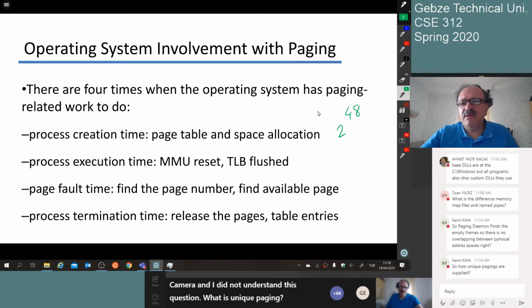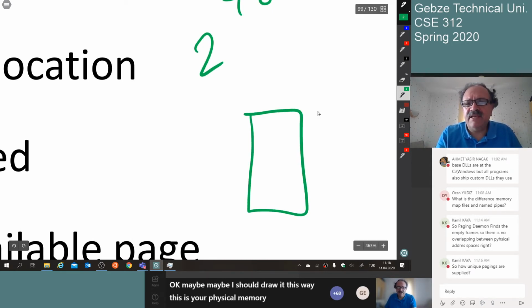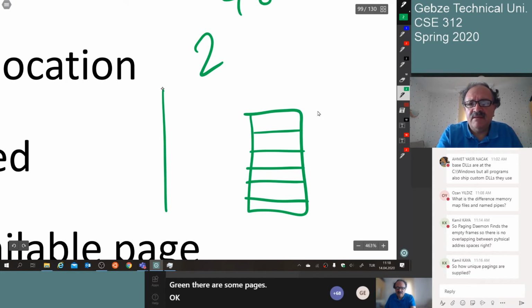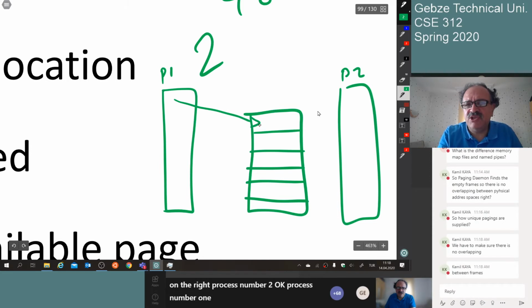Maybe I should draw it this way. This is your physical memory, right? Green. There are some pages. On the left is process number 1, and on the right is process number 2. Process number 1 says I am using this page, this one says I am using this page, and this page.